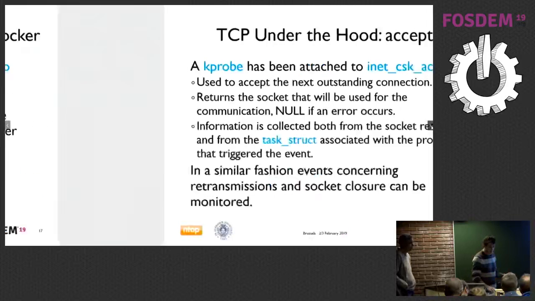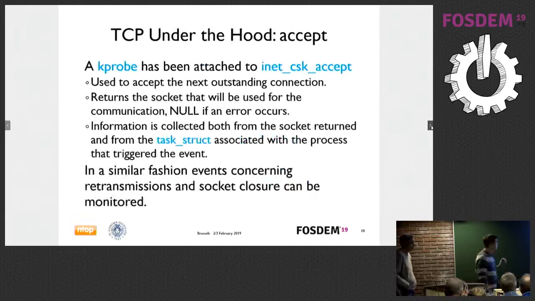So under the hood, this TCP accept has been implemented very simply because we have attached a probe to the return of the function call. So when the function returns, our code is executed.